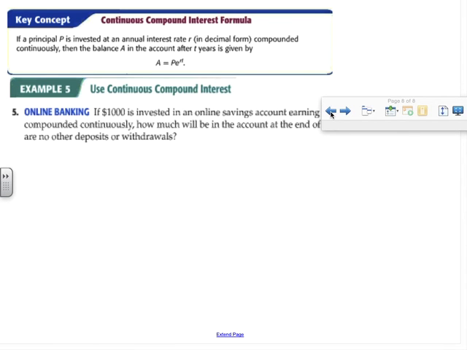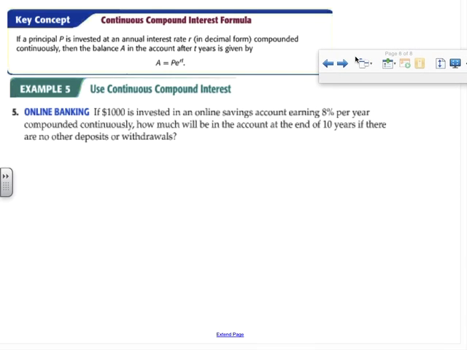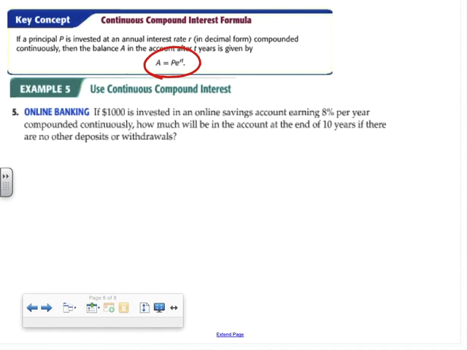So what if my interest is compounded continuously? That kind of means that my money is constantly getting compounded. That's where E comes in. And the formula is nicely condensed to A equals Pe^(rt). So we plug the values into the formula.